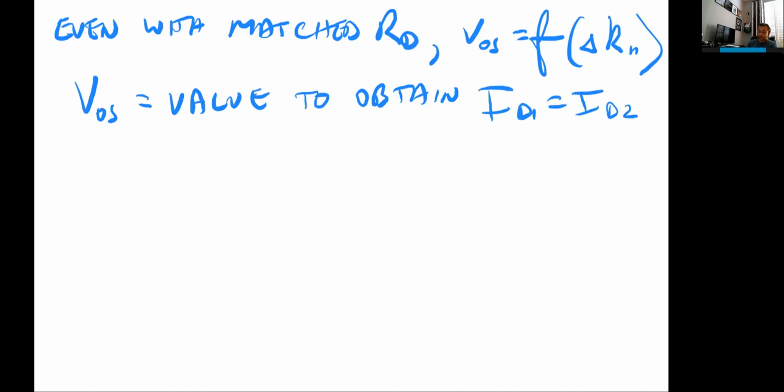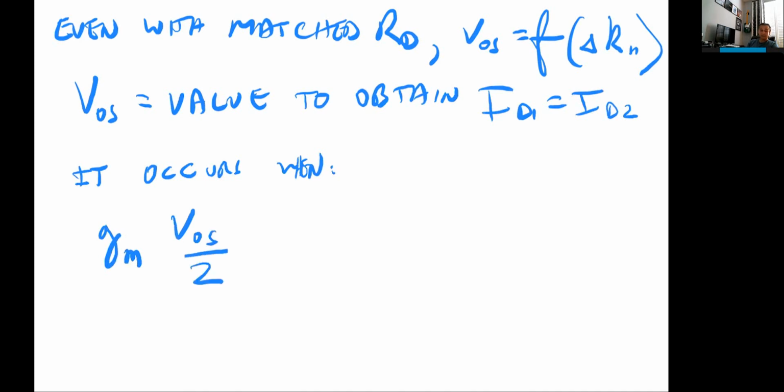And that happens when GM times that voltage, by just looking at one side of the differential pair.